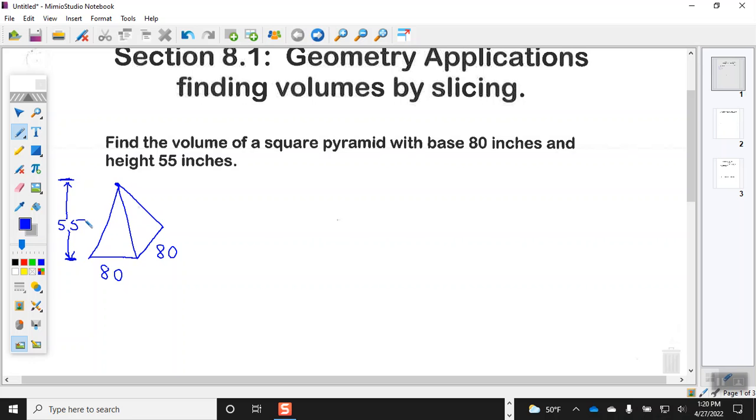Do you guys remember how many pyramids with the same base and height fit into a cube? 3. 3 of them, very good. There were 3 of them that fit in here. So we could say the volume of any pyramid would be the area of the base times the height divided by how much? 3.